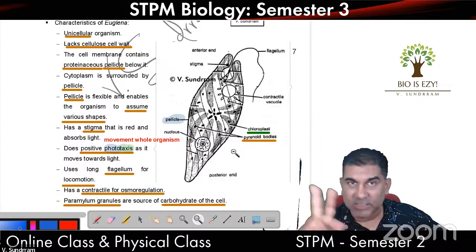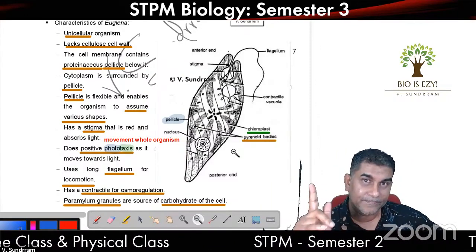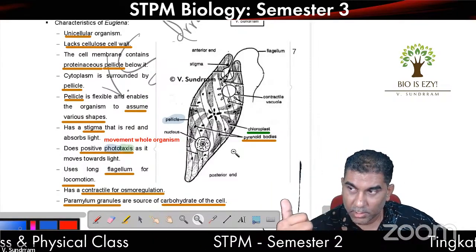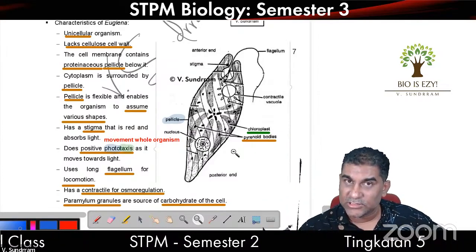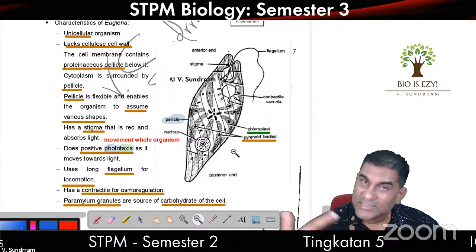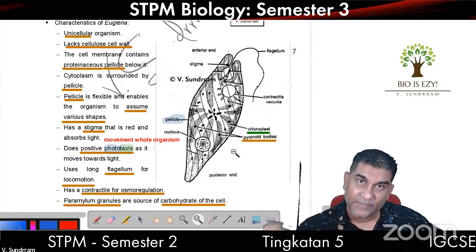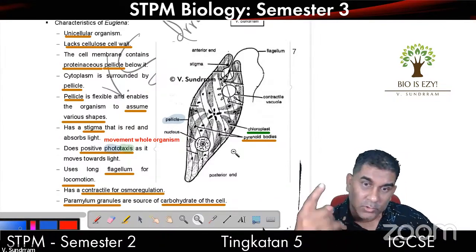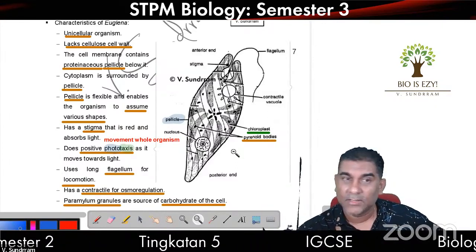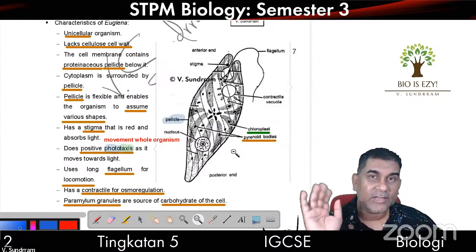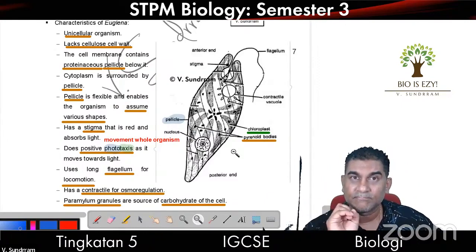Under Protoctista, 2 phyla. Chlorophyta, chloro means can do photosynthesis. Zoomastigina, zoo means animal characteristic. So Euglena, even if you didn't mention they have chloroplast, the others are enough to get you the 3 marks.